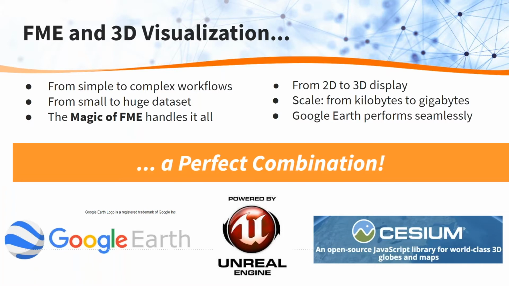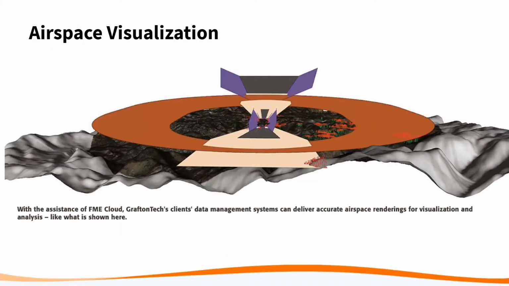And FME also scales very well. We don't have a lot of examples of that today, but whether you're dealing with kilobytes or gigabytes of data, FME can handle it. And we also have lots of tools for conversion from 2D to 3D, as we'll see in a few minutes. So here's an example from Grafton Tech, one of our partners.